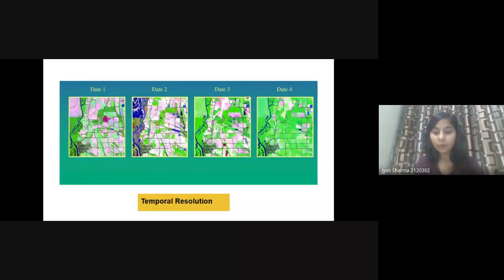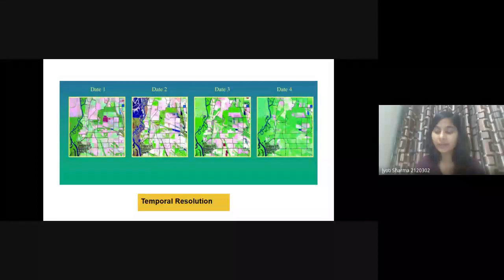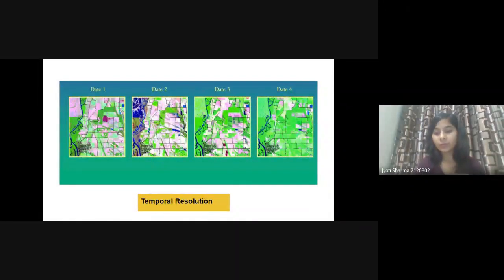So microclimate can be described because of very good temporal resolution. If we have, let's say, monthly temporal resolution, then we can't predict our weather conditions. Exactly, because for weather we need hourly or 3 hourly data. So different types of temporal resolution will have different types of applications.